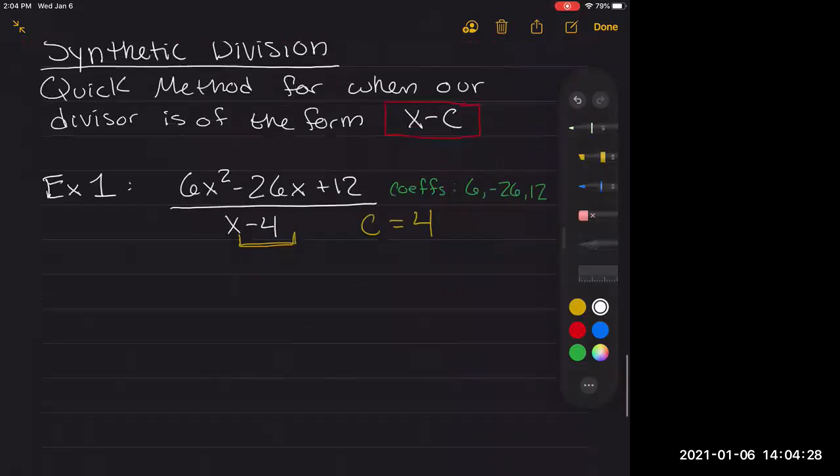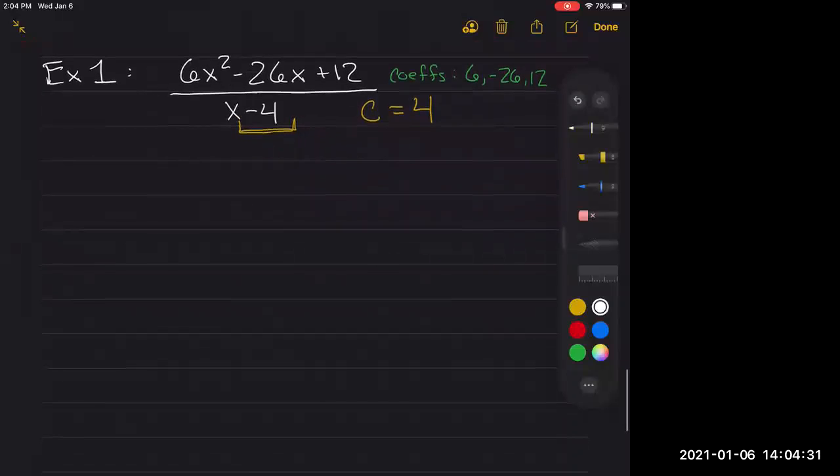So then the way we set up our synthetic division problem is we write our initial c, which will be 4, and then we write our coefficients just as the numbers. So a 6, a minus 26, and a 12.